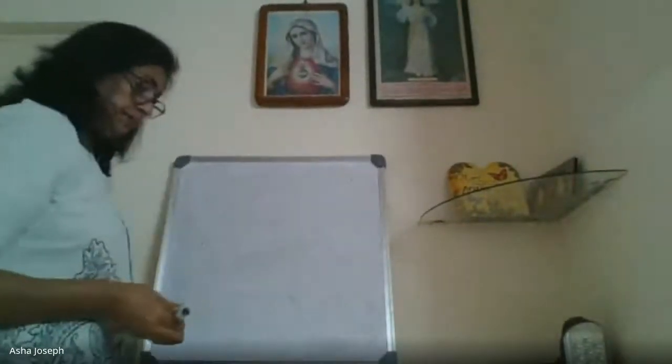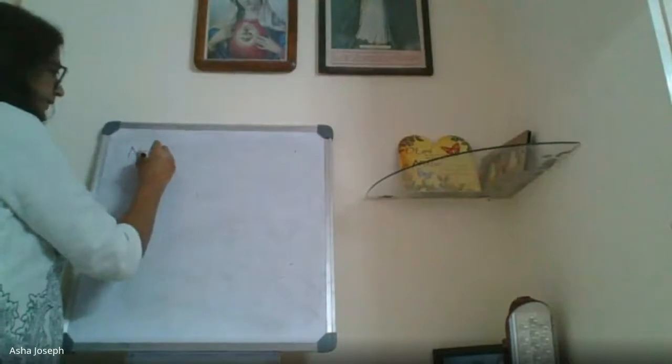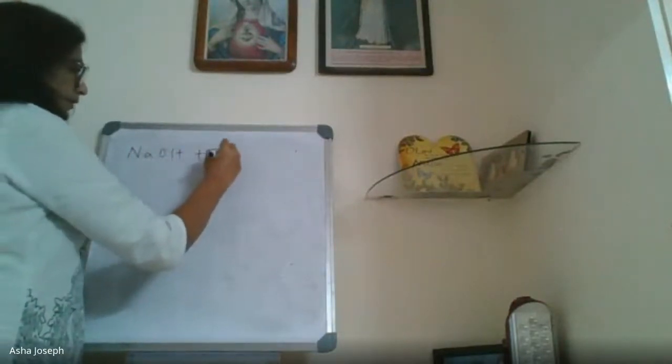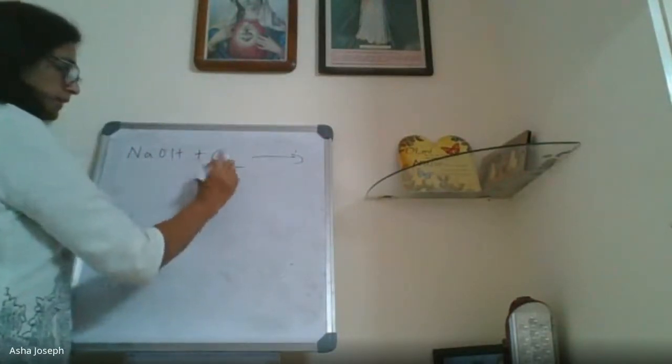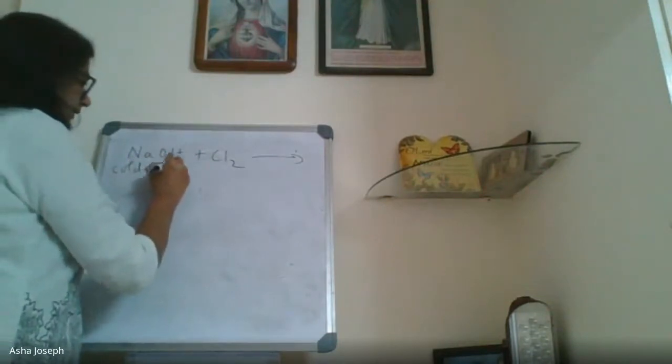Okay, I will write the equation. By the time you can learn also, Abhishek. Can you see the board? NaOH plus chlorine. We are learning reactions of chlorine, isn't it? This is cold and dilute.